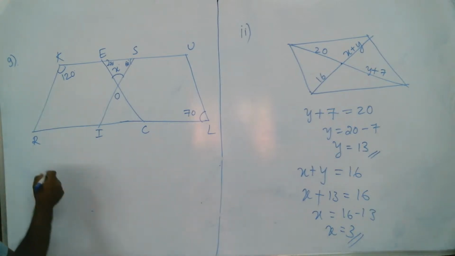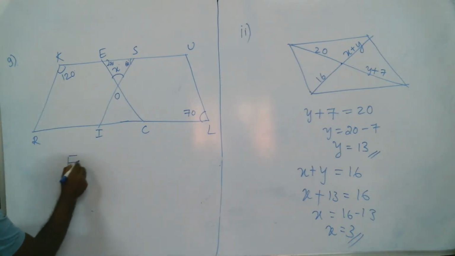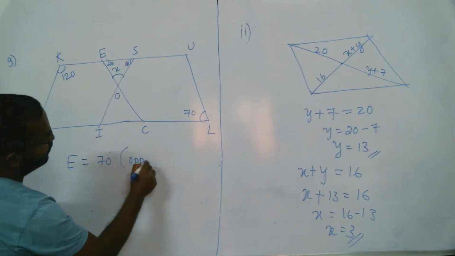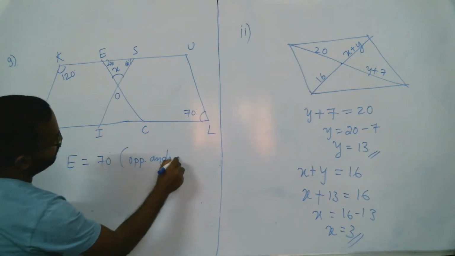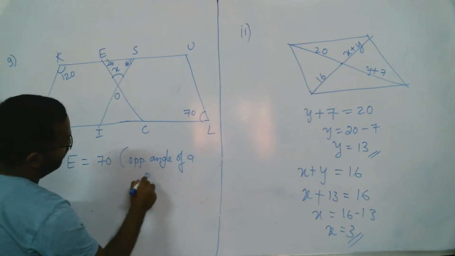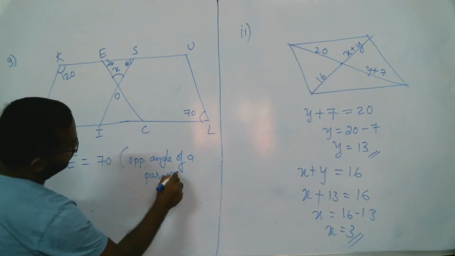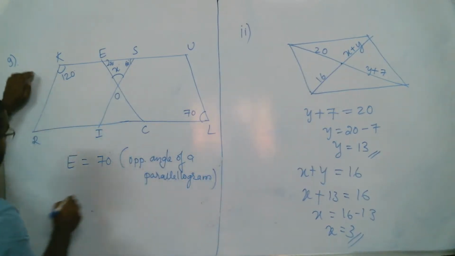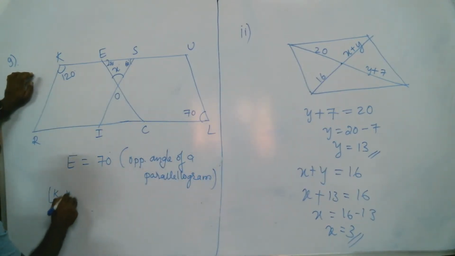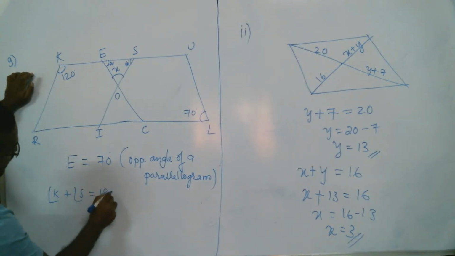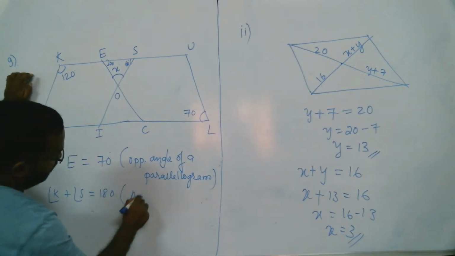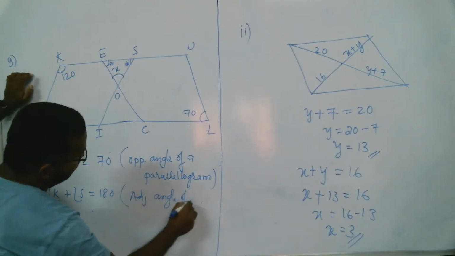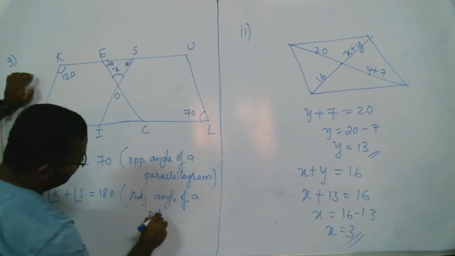Okay, so you can write it step by step. Angle E is equal to 70 degrees because opposite angles of a parallelogram are equal. Next, angle K plus angle S is equal to 180 because adjacent angles of a parallelogram add up to 180.